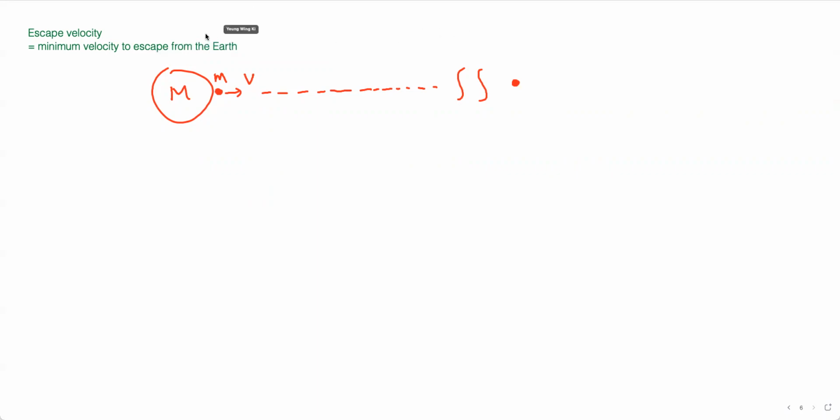Now, we take a look. So at infinity, the GPE is 0. The KE will also let it be 0. If the KE at infinity is 0, then that means we are throwing it at the minimum speed. Then we can get the formula. That is half mv squared.